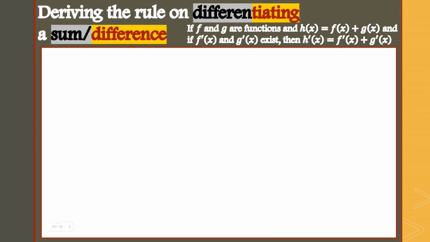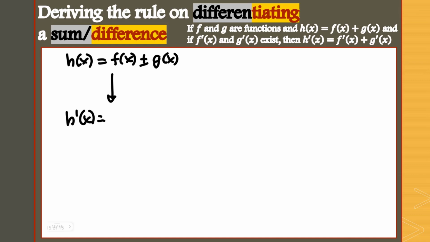So for this form, we have h of x equal to f of x plus or minus g of x. Now we are going to show that its derivative is just the sum of the individual derivatives. We are not going to show any example, but we are going to prove this.